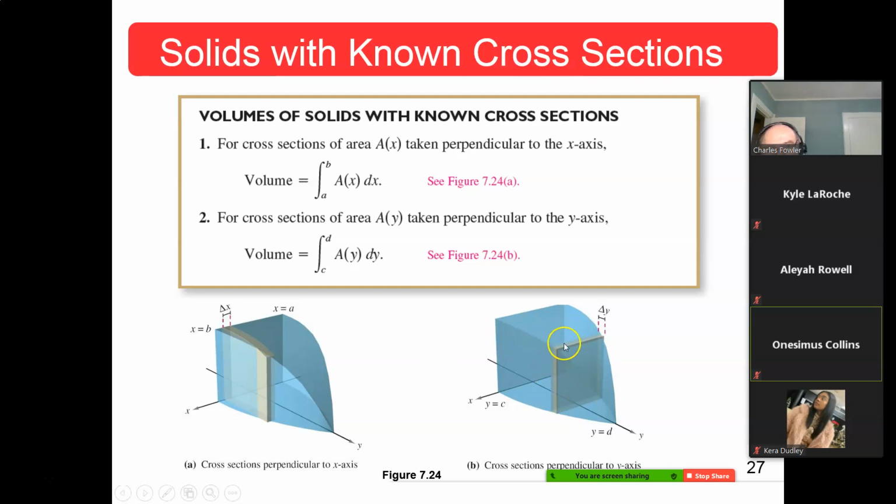However, this one, at worst, is a rectangle. It almost looks like a square, but at worst it's a rectangle. That's the length, and there's the width. Hey, I know the area of a rectangle, length times width.